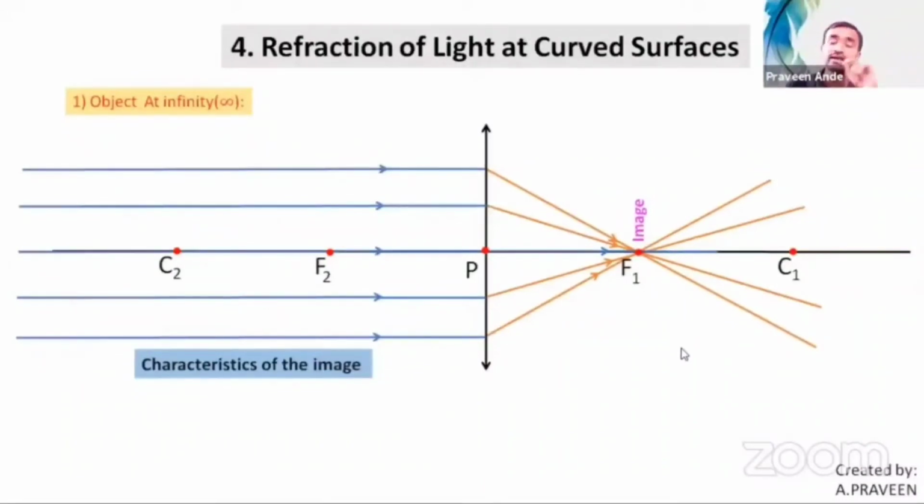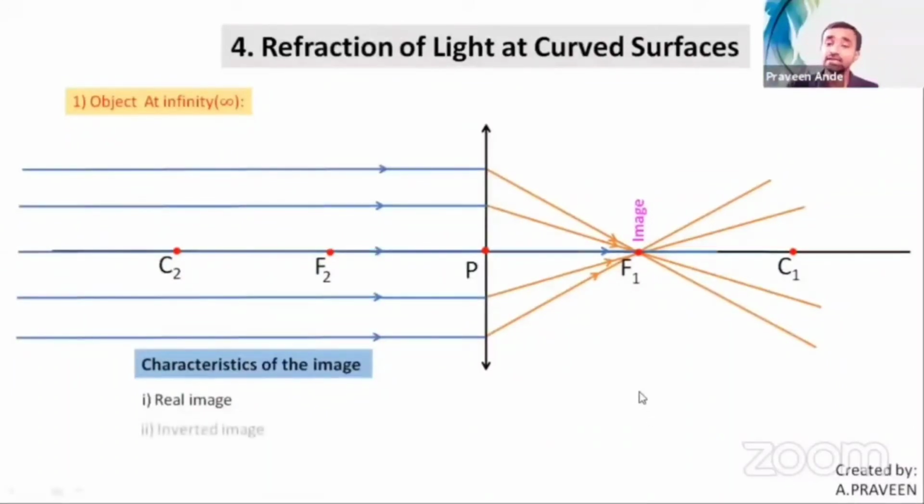So here I am going to express the characteristics like this. Remember one point in your mind, always keep it in mind: if the object and image are observed on either side of the lens, the object is on the left side and the image is observed on the right side, then the image type is real in the case of these lenses.